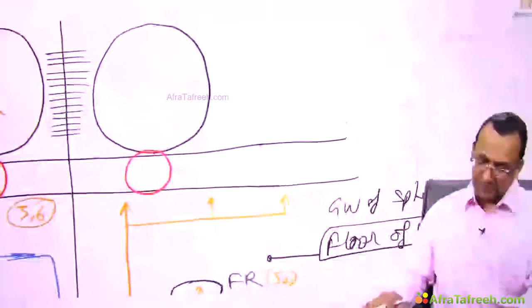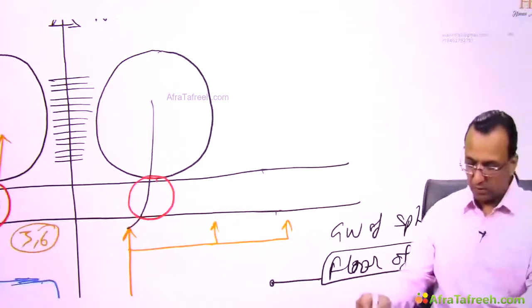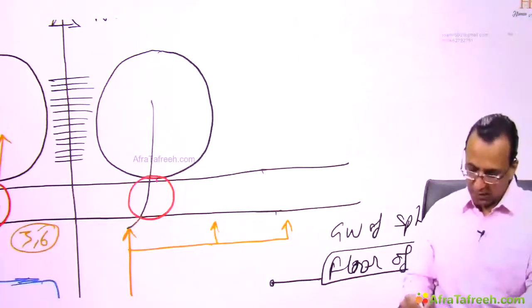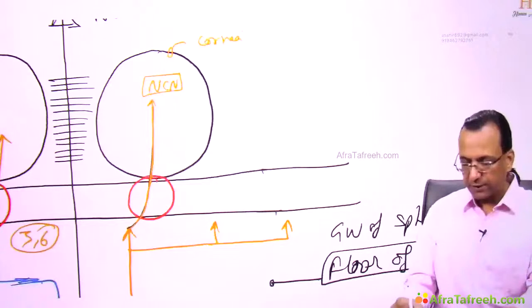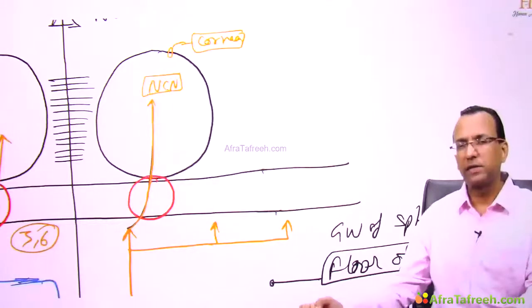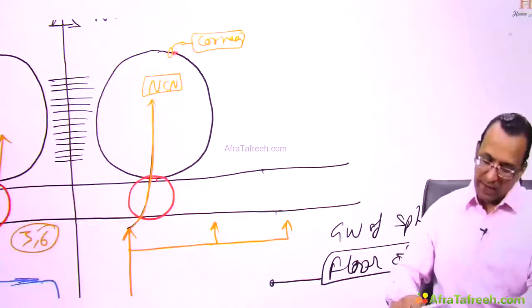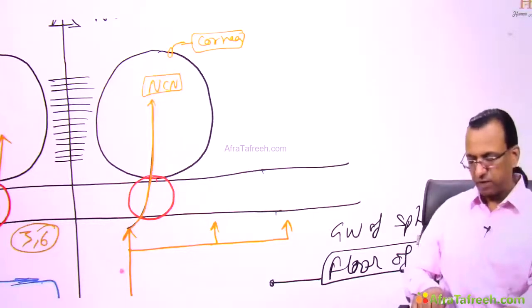You see, this is the N. What is N? The nasociliary nerve. The nasociliary nerve supplies the cornea of the eyeball. If you touch the cornea, the reflex is carried by the nasociliary nerve, a branch of the ophthalmic nerve, a branch of the trigeminal nerve.